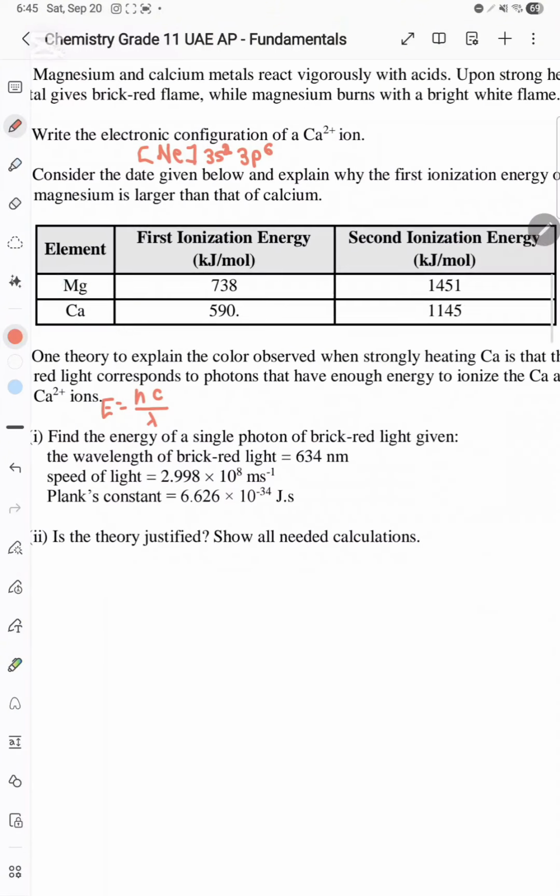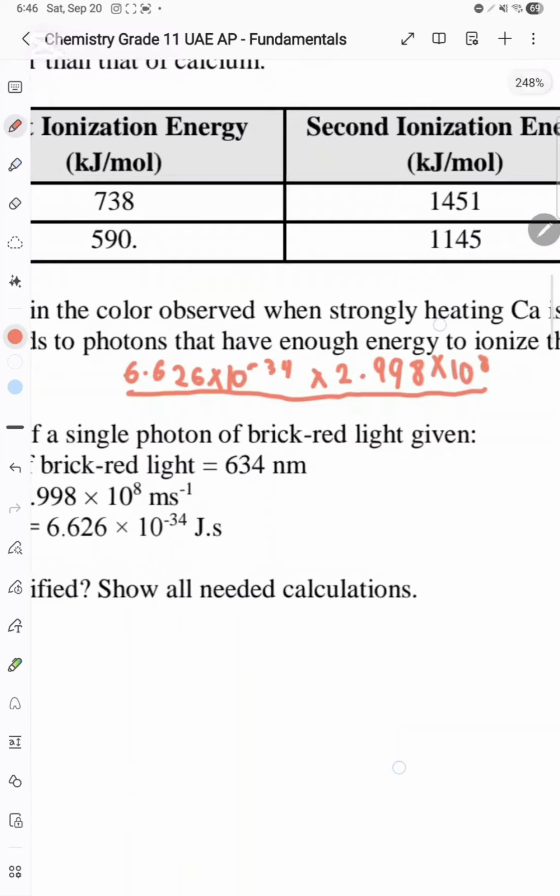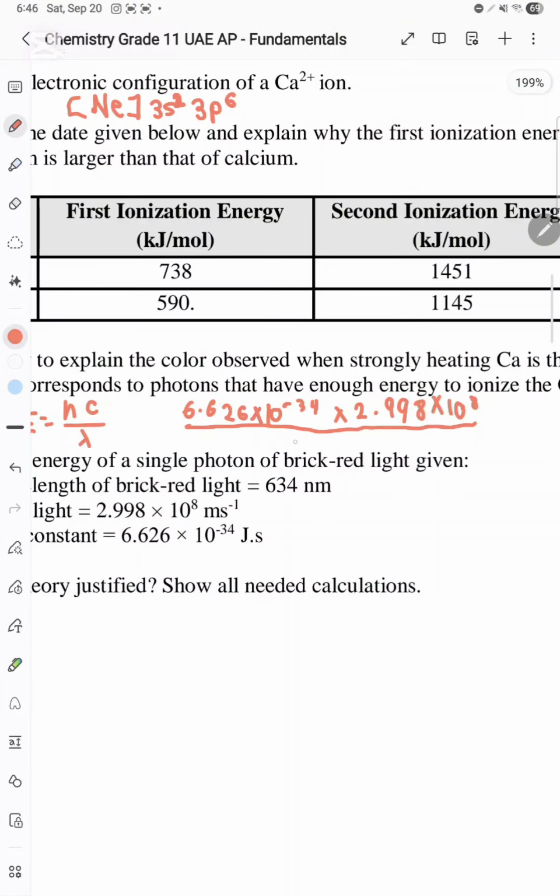So the energy is going to be h, which is 6.626 because it's Planck's constant, times 10 power negative 34. I doubt they're going to get us questions like this, by the way. Times 2.998 times 10 power 8 all over the wavelength of the red light, which is given here, which is 634 nanometers.